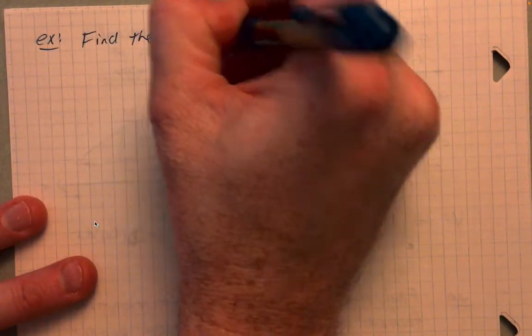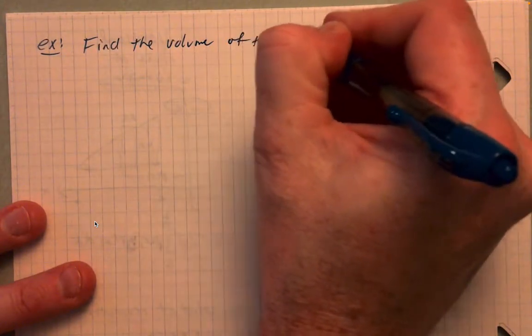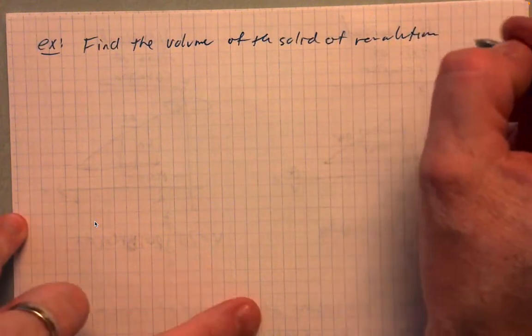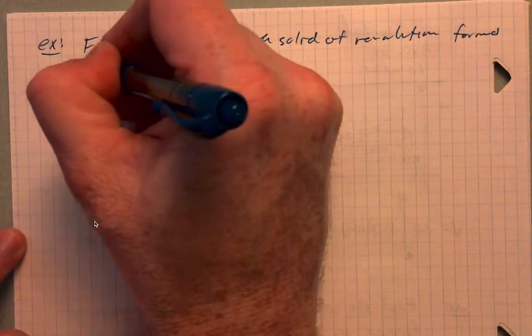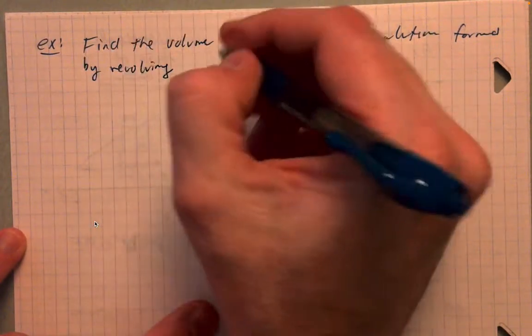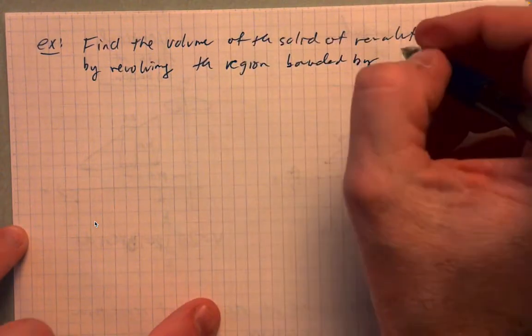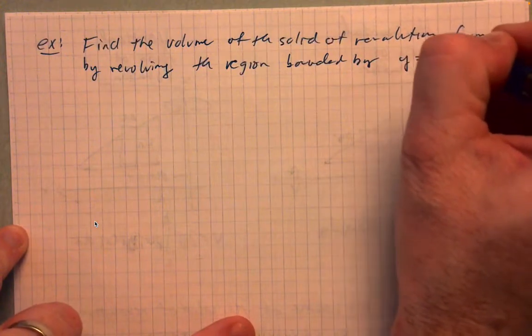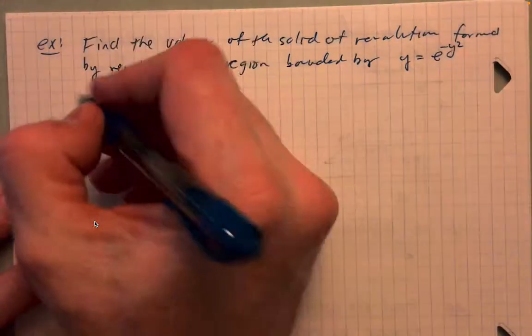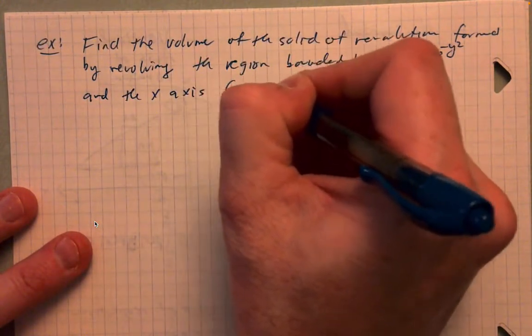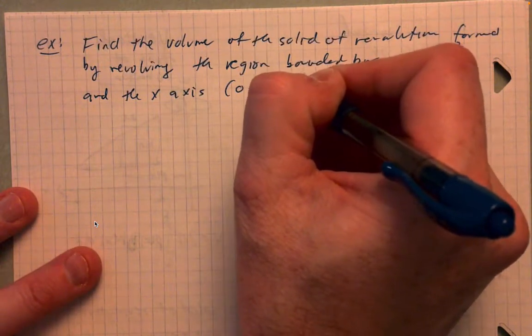So I will write this all out. Find the volume of the solid of revolution formed by revolving the region bounded by x equals e to the negative y squared and the x-axis, 0 less than or equal to y less than or equal to 1, and the y-axis, sorry.